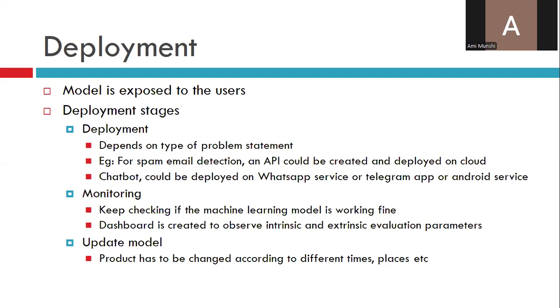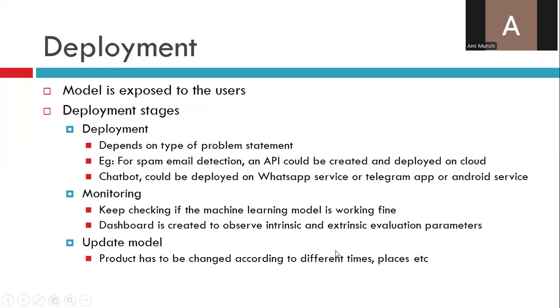If the evaluation of the model is satisfactory, then we decide to deploy the model. So what do we mean by deploying the model? It depends on the problem statement. So for example, if it is a spam mail detection task, then we can go for some kind of API and we can deploy it on the cloud. Otherwise, we can also have a chatbot, and that could be deployed on WhatsApp.